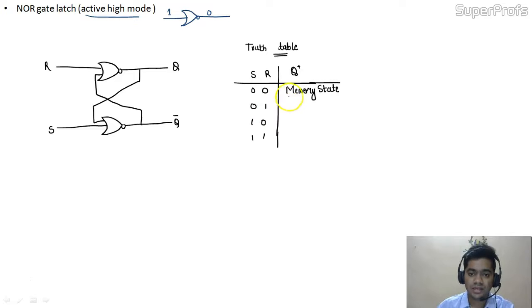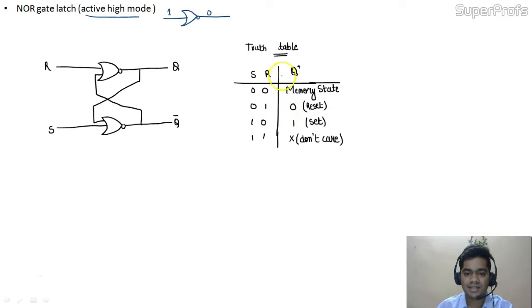For 0 1 inputs, we are getting a logic 0, or we can say a reset state. Okay, for 1 0, it would be logic 1 or it would be a set state, and for 1 1, it would be a don't care condition, or we can say that an invalid state. Okay, so we can compare with the NAND gates that for all the input combinations, the outputs are just opposite to the NAND gate latch.